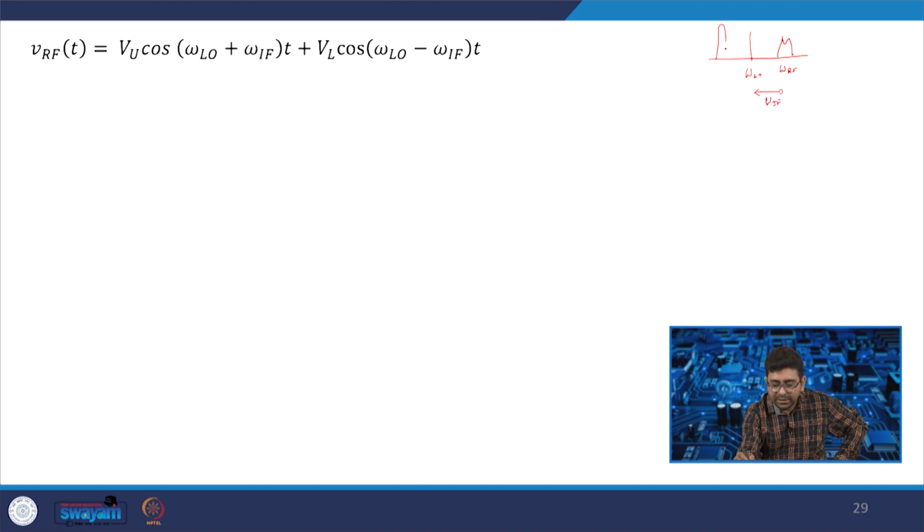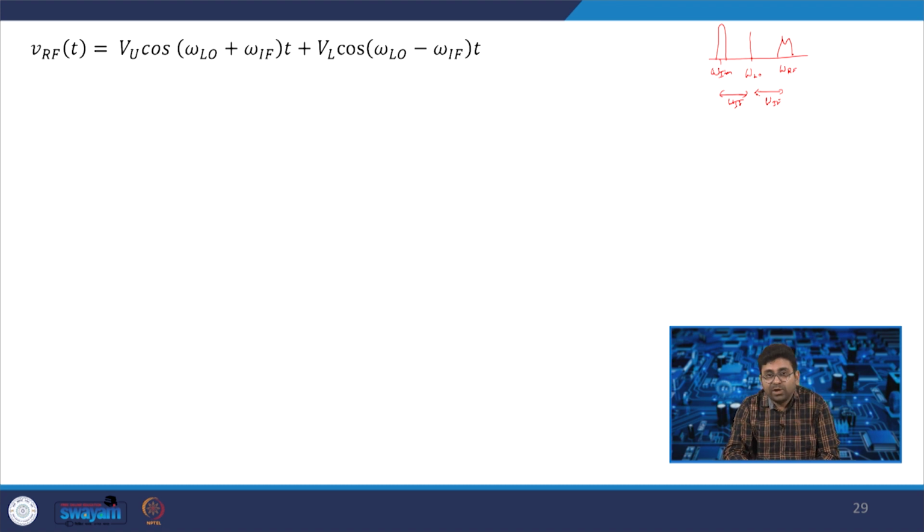And there is another signal, which you can consider as the image, omega image, and this also has a difference of omega IF.